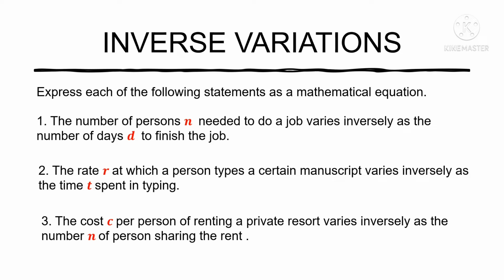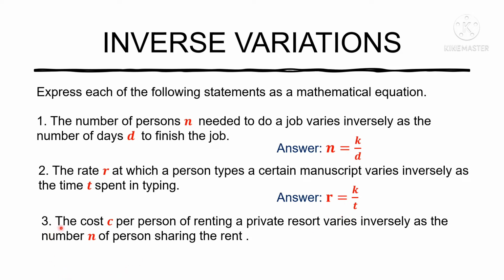Translate that into a mathematical equation: n equals k divided by d, or n equals k over d. Next, the rate r at which a person types a certain manuscript varies inversely as the time t spent in typing. So the answer is r equals k divided by t, or r equals k over t.